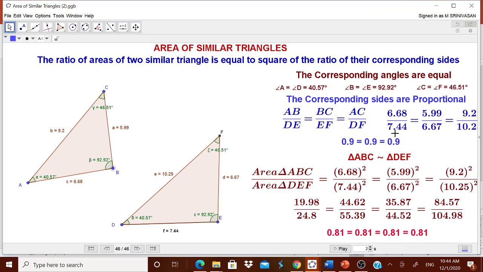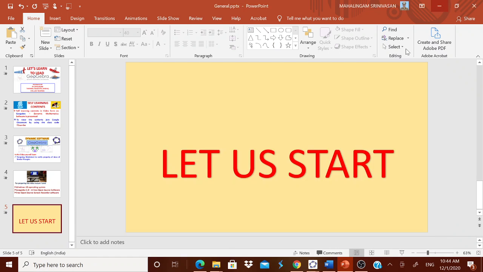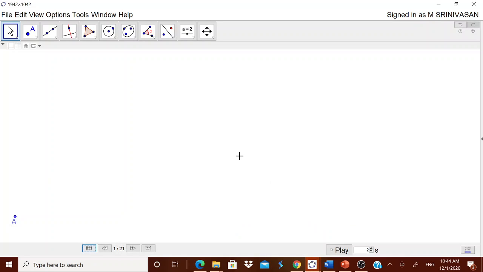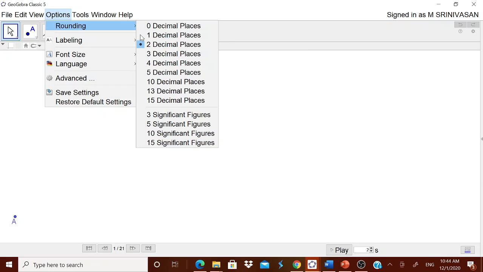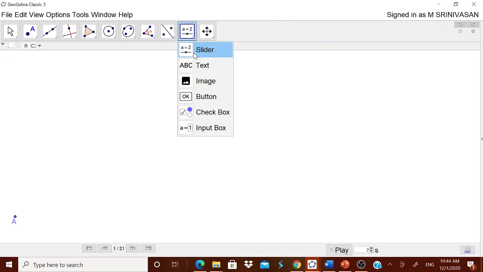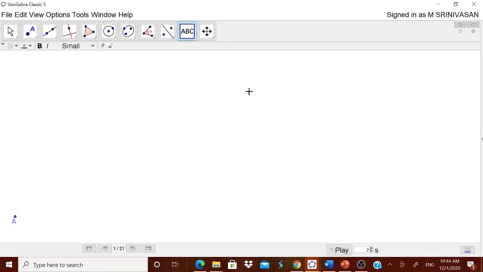Well, let us try to make this dynamic worksheet from scratch. For that, I have taken GeoGebra Classic worksheet, taken geometry view, and in options, rounding off to 2 decimal places and labeling of new points only. And navigation bar is activated.